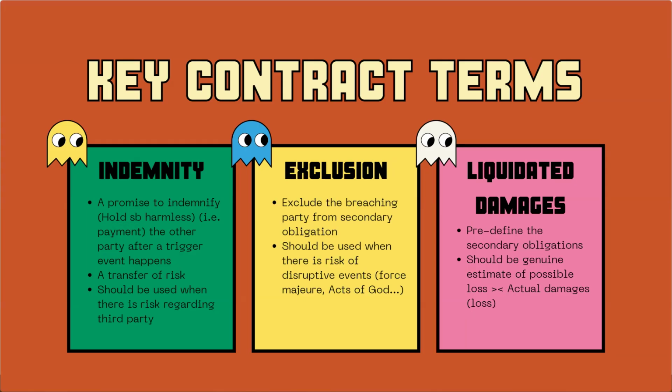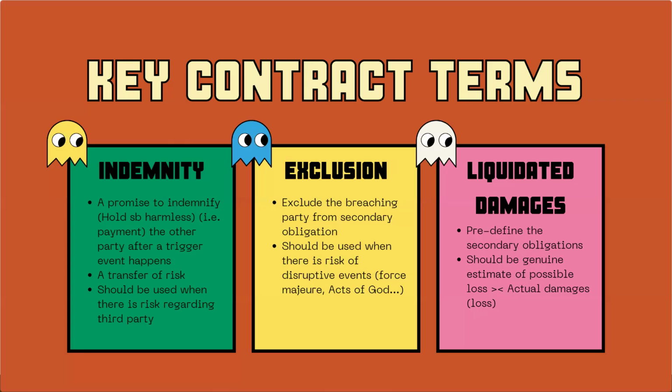This kind of clause is used when we see there are certain risks of disruptive events like acts of God, natural disasters, or certain man-made disasters like war, strike or pandemic. This kind of clause excludes the breaching party from performing or paying the damages.